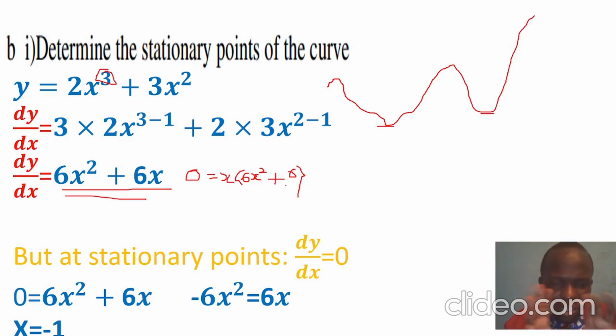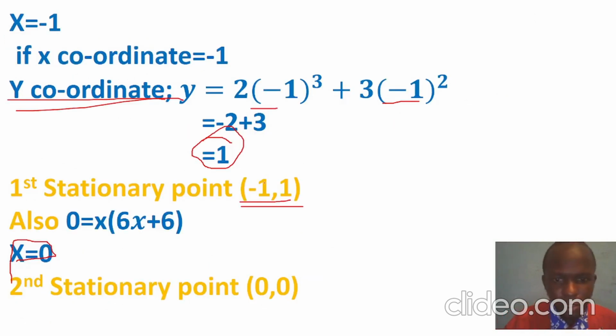So after having that rough idea, we know that this kind of equation might have 2 stationary points, and one of them has already been found. What about the next? At x is equal to 0, automatically y will be equal to 0 because we have already established that the y-intercept is 0. So the second stationary point is 0, 0.